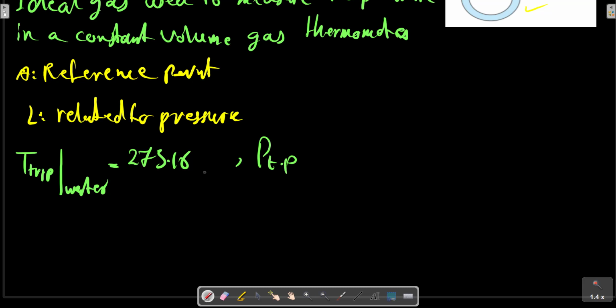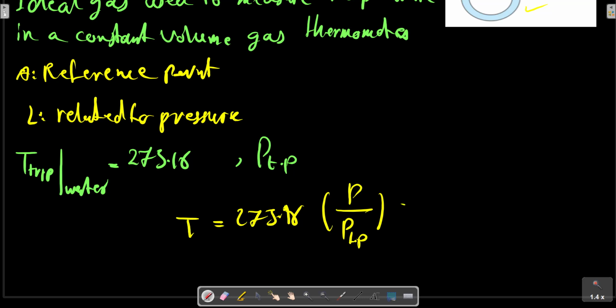Then from the definition of an ideal gas, any other temperature T could be determined from a pressure measurement P by the relation T equals P over P triple.